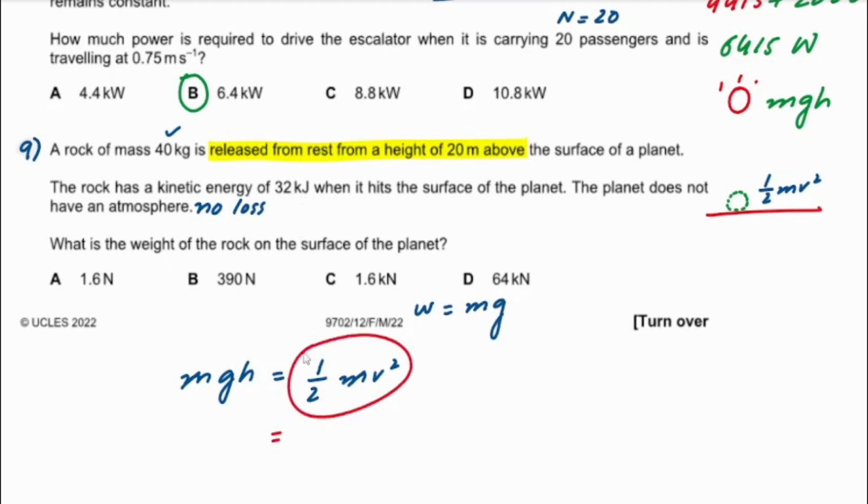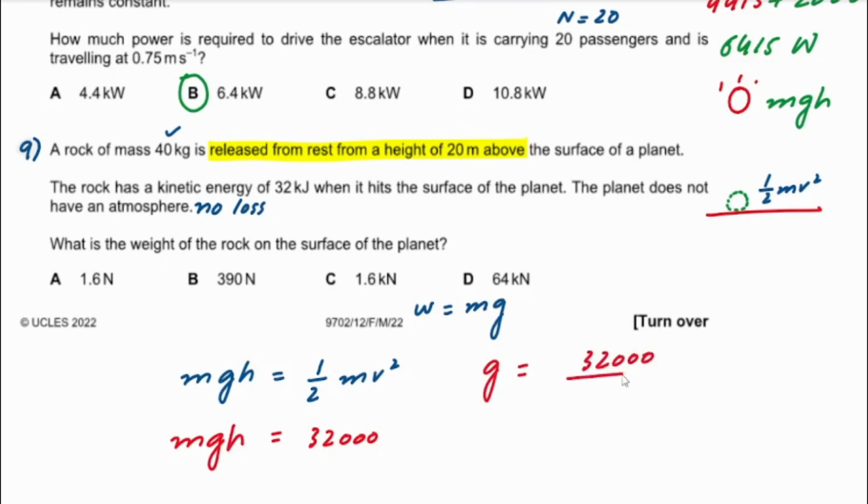So instead of this whole thing, what do you write? 32,000. So you write 32,000 equals mgh. I'm not going to cancel the masses. So g equals 32,000 divided by mh.